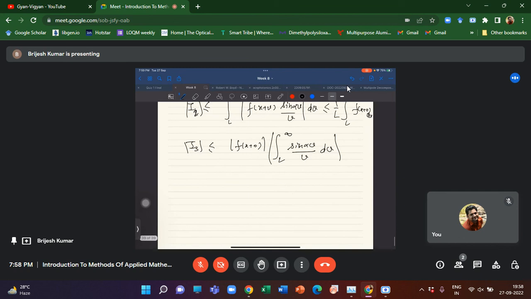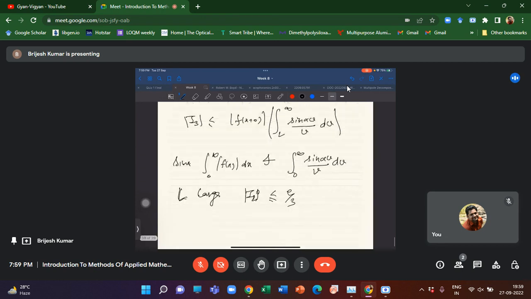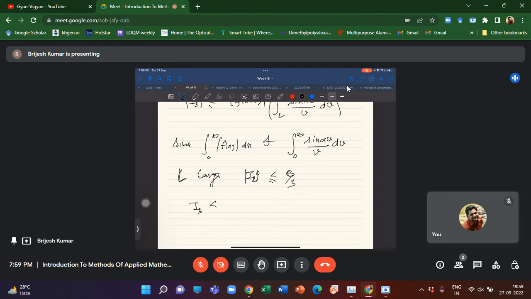Okay, so now since the integral from 0 to infinity of mod f(x) dx and the integral from 0 to infinity of sin alpha v over v dv both converge, we can choose a length L large such that mod I2 is less than or equal to epsilon by 3, where epsilon is any small positive number, and I3 is also less than epsilon by 3, and I1 is also less than epsilon by 3.